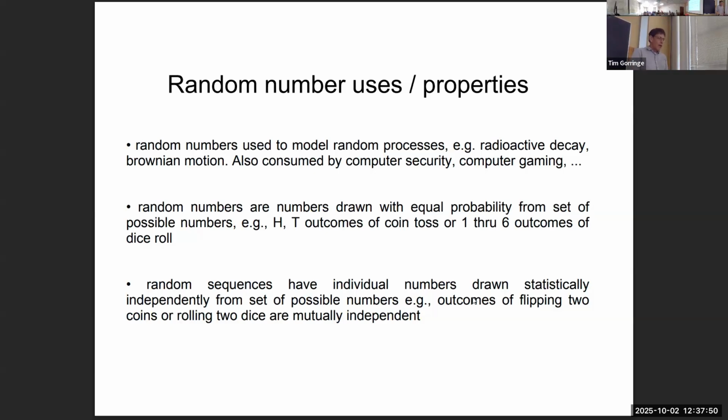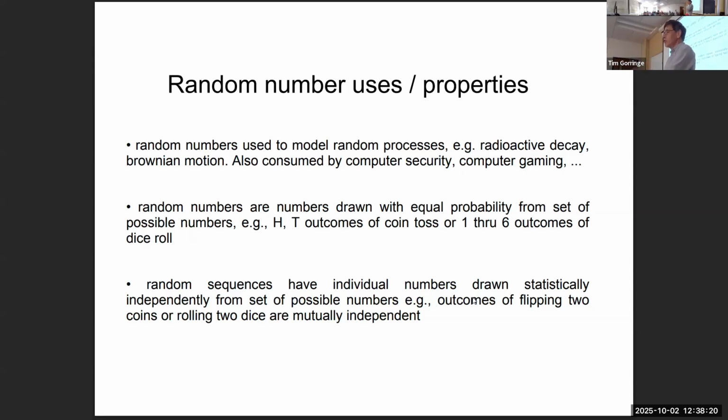I wanted to say a little bit about the uses of random numbers. I actually saw that somebody's figured out how many random numbers are used per day by the human population. And I think it was on the scale of 10 to the 18 random numbers a day that we're consuming as a population.